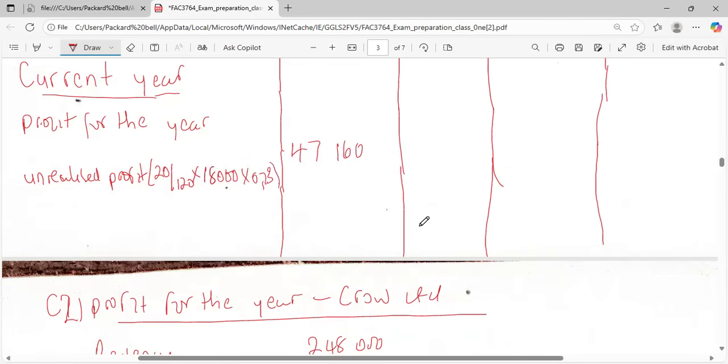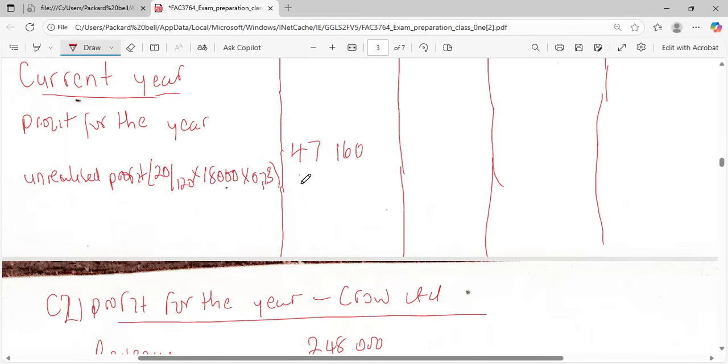How much are we going to have there? It's 3,000 times 0.73, because we already have the 3,000. That gives 2,190. Am I correct?